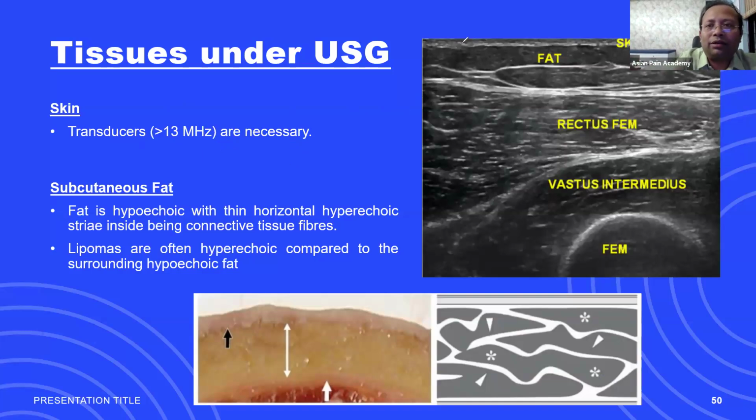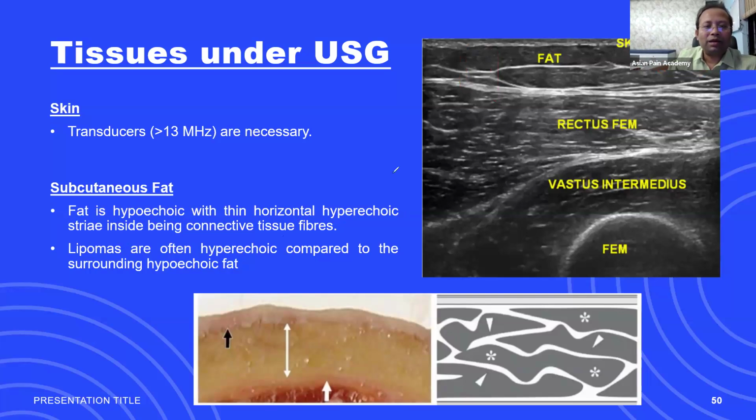Then comes subcutaneous fat. If you see, subcutaneous fat is this part, hypoechoic, with thin horizontal hyperechoic stria. You can understand these thin horizontal hyperechoic stria are the connective tissue fibers inside.